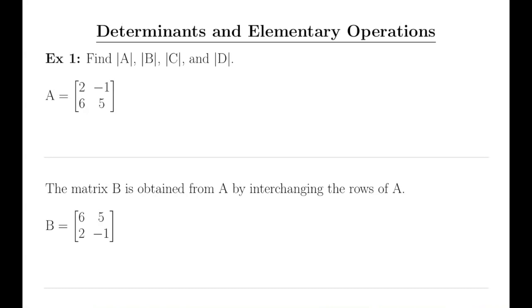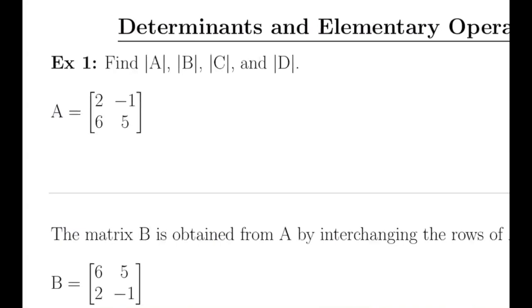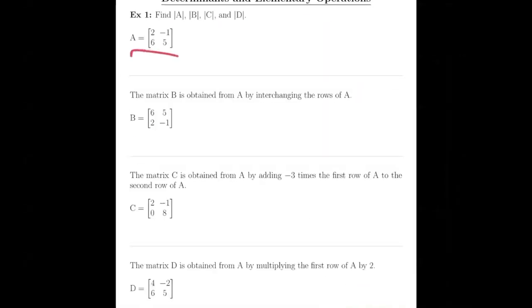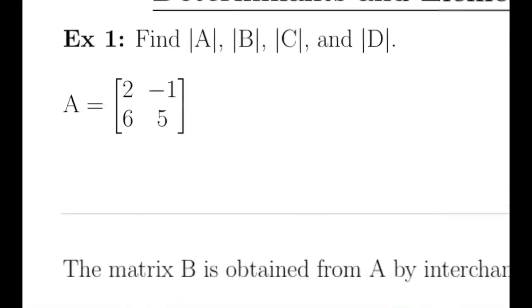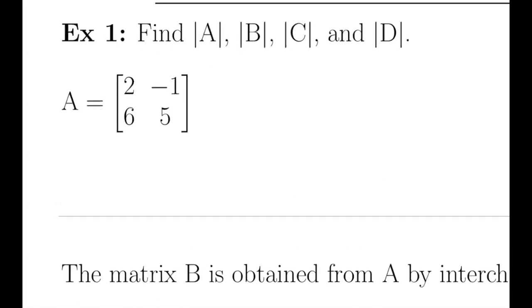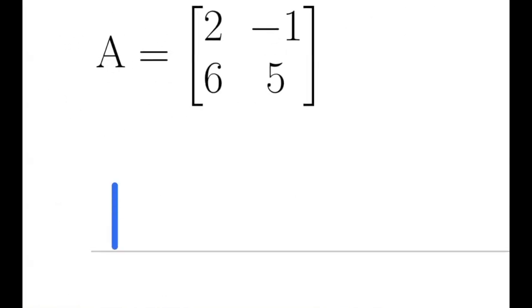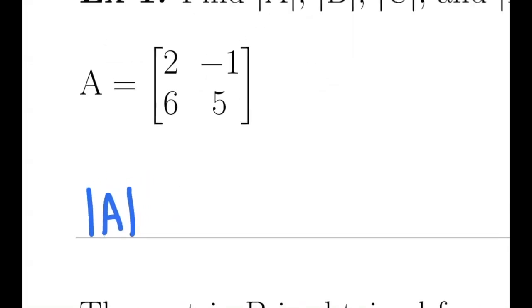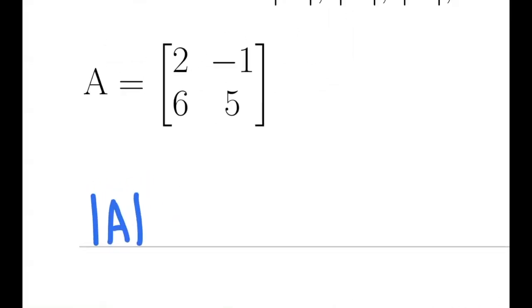All right. So for the first example, we need to find the determinant of matrices A, B, C, and D. So let's find the determinant of A. Does anyone know how to find the determinant of a 2 by 2 matrix? There is a formula for that. AD minus BC.